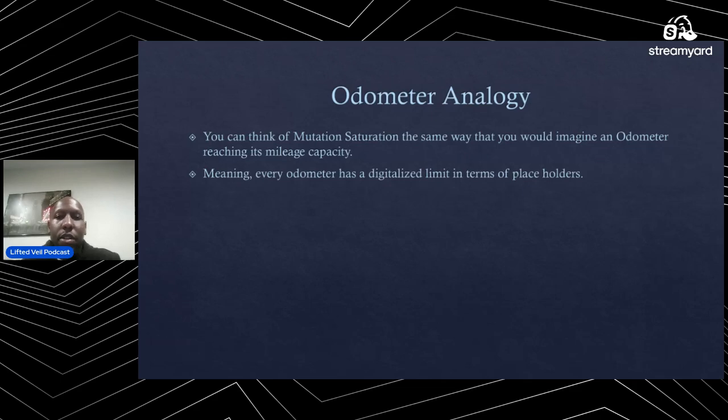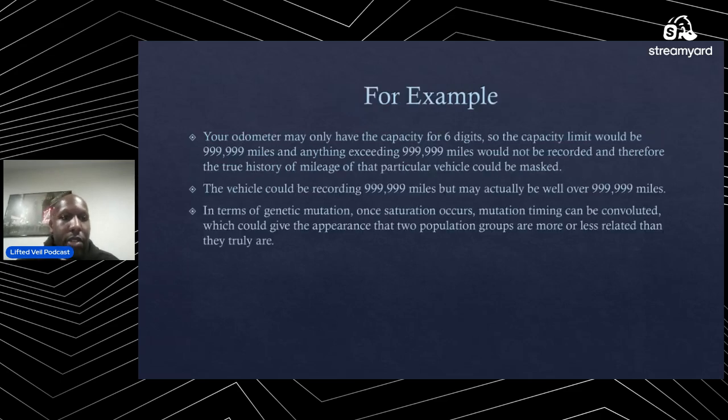Odometer analogy. You can think of mutation saturation the same way that you would imagine an odometer reaching its mileage capacity, meaning every odometer has a digitalized limit in terms of placeholders. Your odometer may only have the capacity for 6 digits.